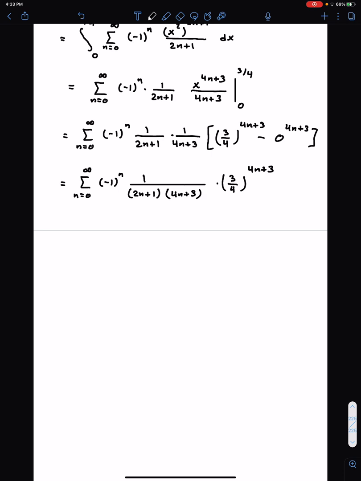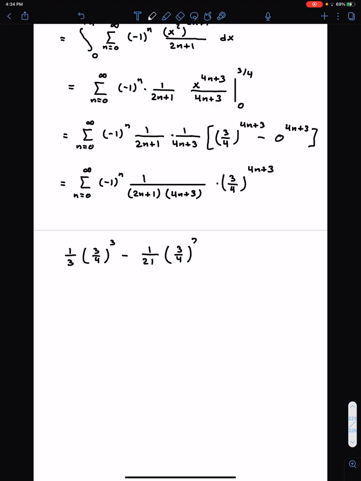So when n is 0, the first term is 1/3 times 3/4 cubed. When n is 1, I have minus 1 over 21, 3/4 to the 7.